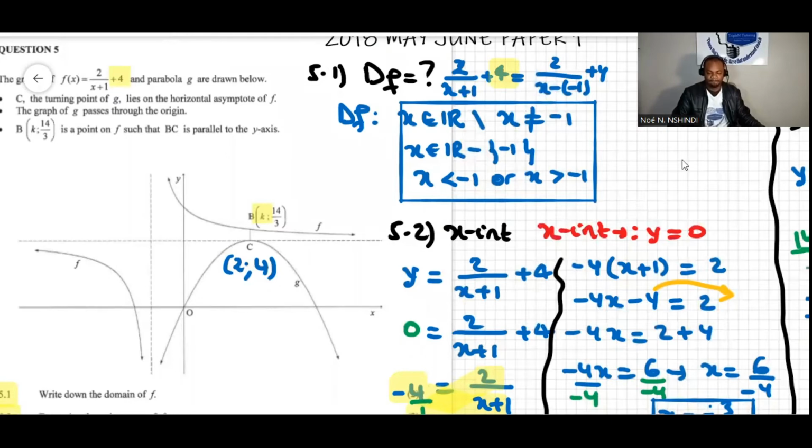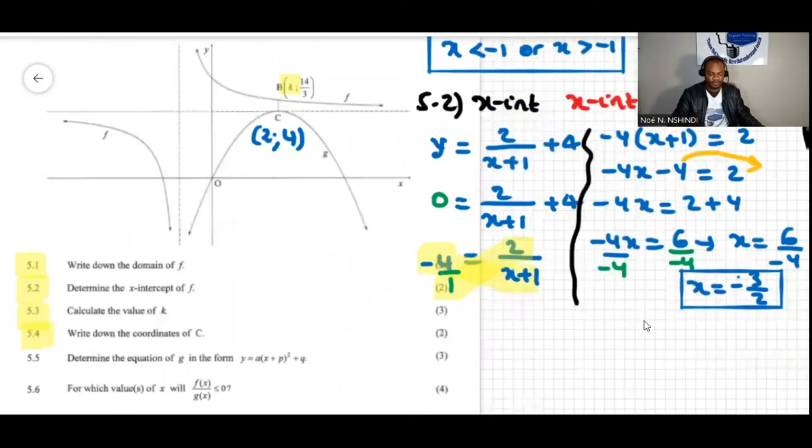And then the following question is question 5.5. The question says, determine the equation of g in the form y equals a open bracket x plus p close bracket to the power of 2 plus q. This is what we call the turning point form of a parabola.